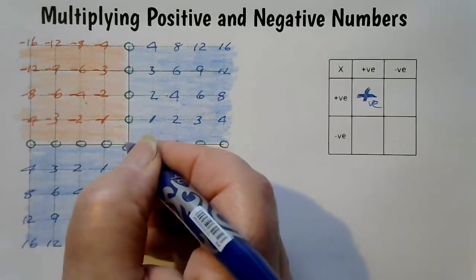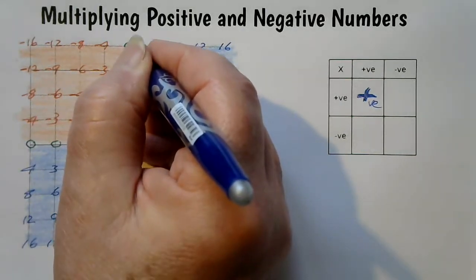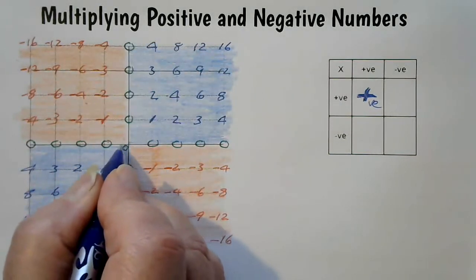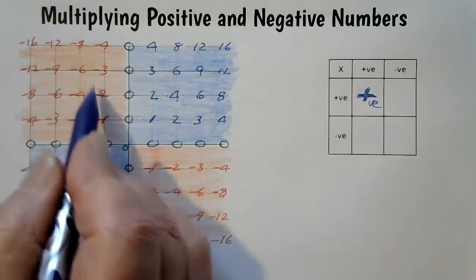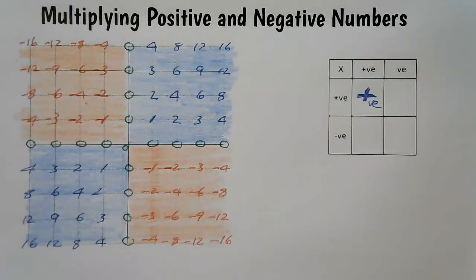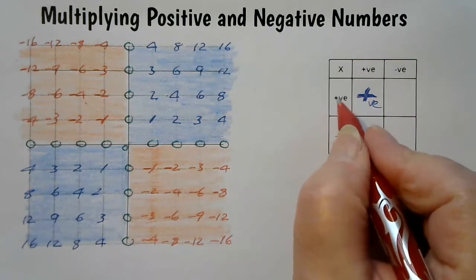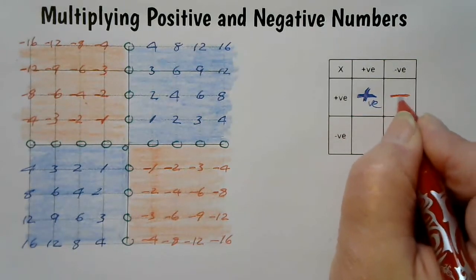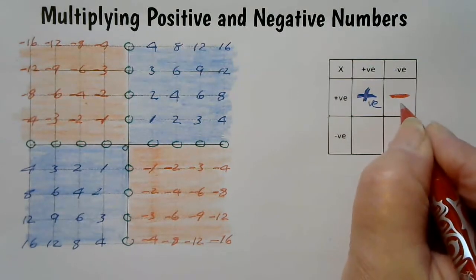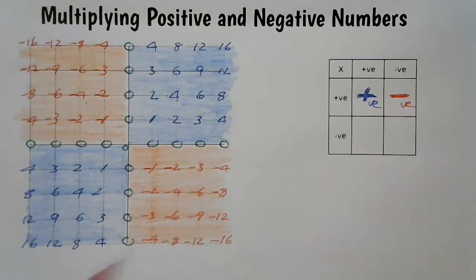Here I've got positive on the y-axis but negative on the x-axis, and all the numbers in here are negative. So I can fill in positive multiplied by negative gives me negative.